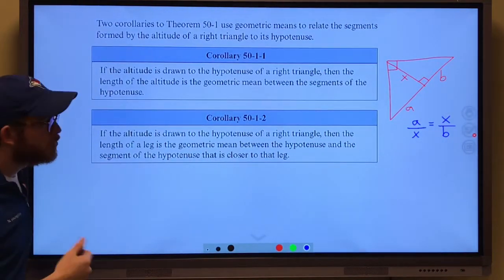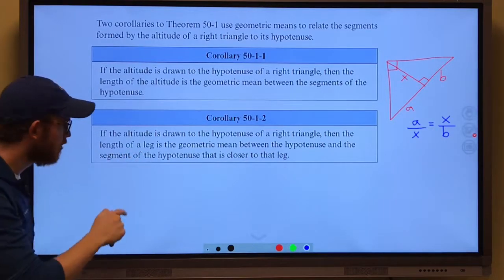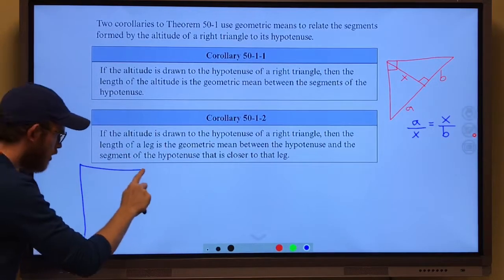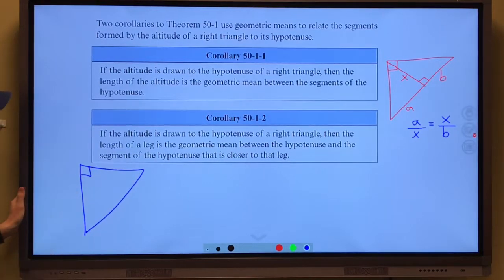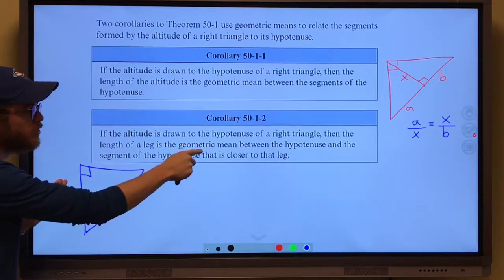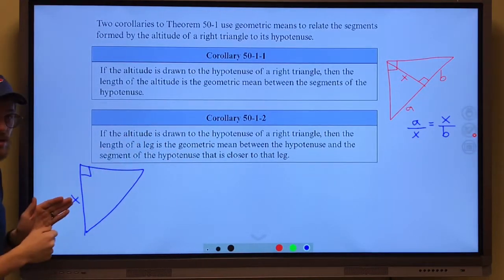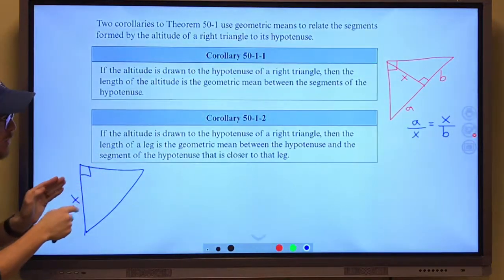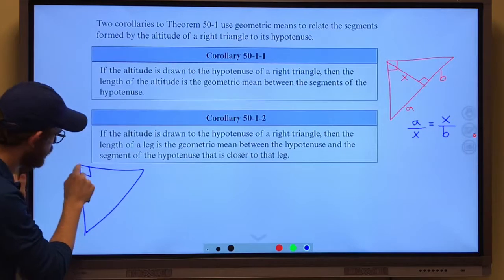This second corollary begins the same way. If the altitude is drawn to the hypotenuse of a right triangle, then the length of a leg of that original right triangle, so let's think about this leg over here, is going to be the geometric mean, that x position, that one value in our mean positions, between the hypotenuse.